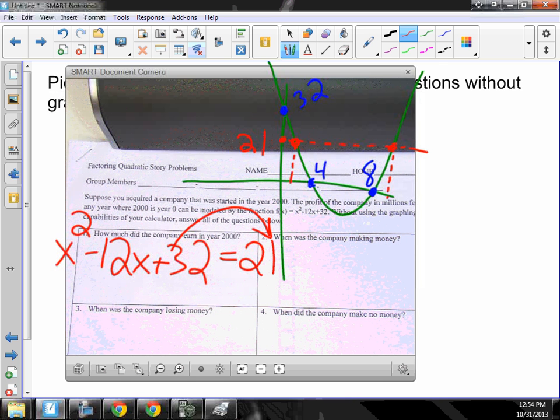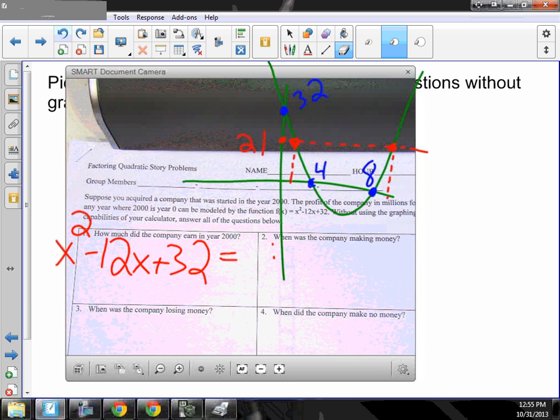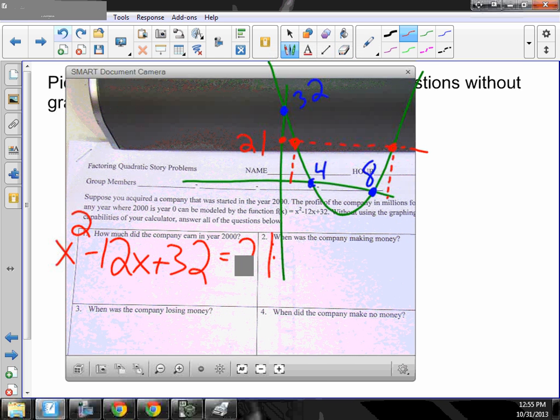No. So you can't separate these, and you can't combine them, so that actually doesn't work. All right? Well, when this equaled 0, how did we solve it? We factored it, because I wanted to know when this graph hits the x-axis. But when I write up here, 21, it no longer hits the x-axis.